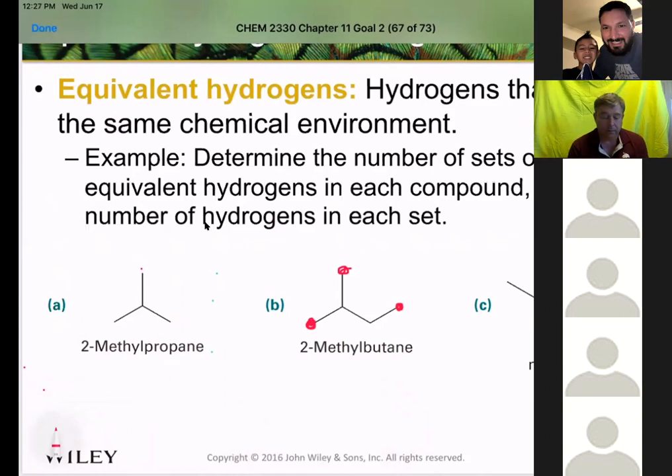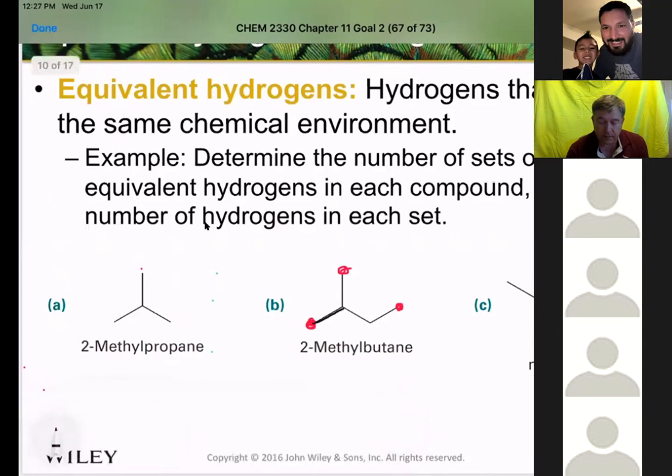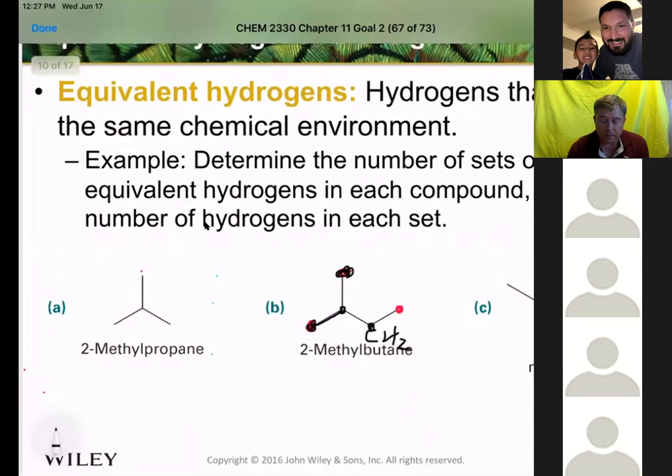This is why. If we drew this line here, so this is a methyl group hooked to a carbon with a methyl group on it, and then a methylene over here, a CH2 group. This one is a methyl group that's hooked to a carbon that's hooked to another CH3 and a CH2.